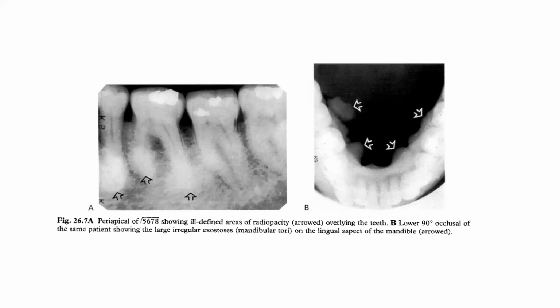Usually, two views are required to establish the exact site, which we can see in this slide. Basically, we have a slide from above and from the side confirming that this is a mandibular torus. We also have palatal tori or torus palatinus, which can be either side of the midline towards the posterior part of the hard palate.